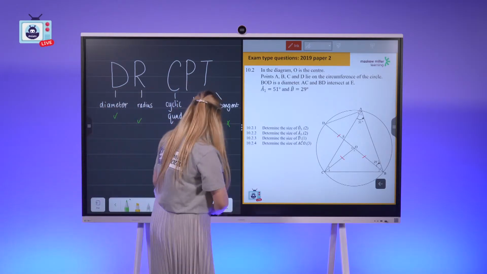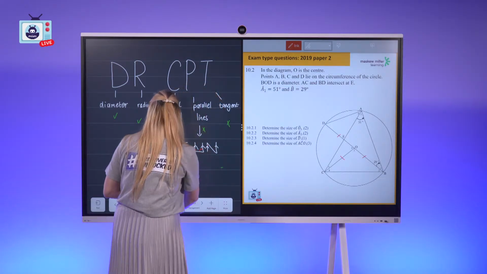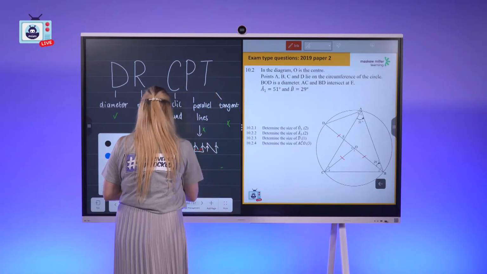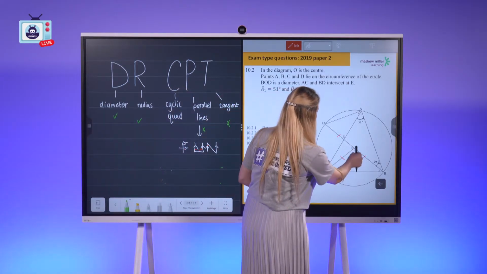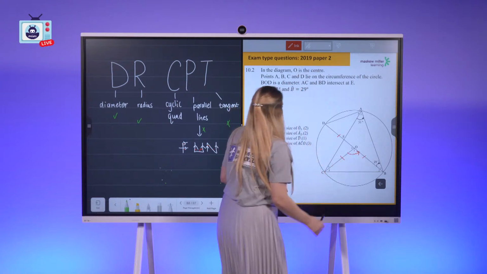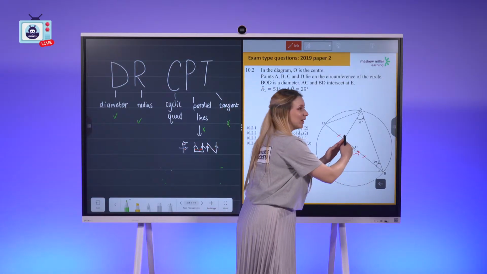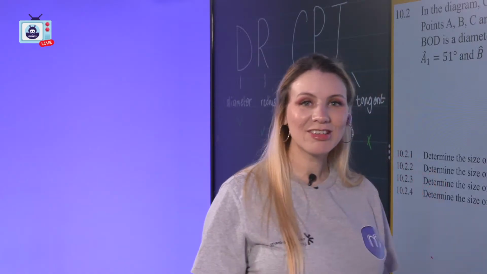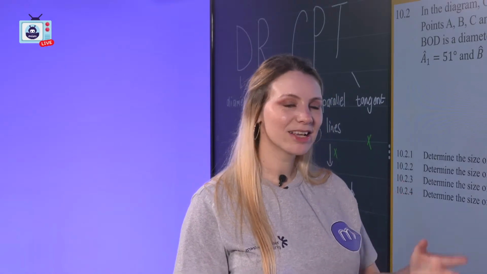Let's go through the first one together. Determine the size of O1. Let's look for O1, let's highlight it. I remember that I have my center O, and we just went through the proof of angle at center equals 2 times angle at the circumference.